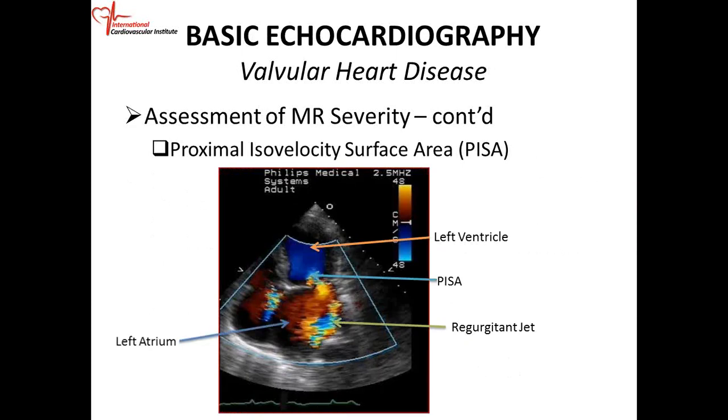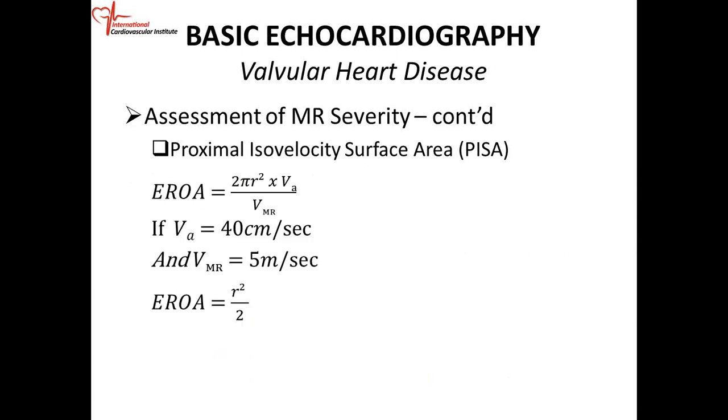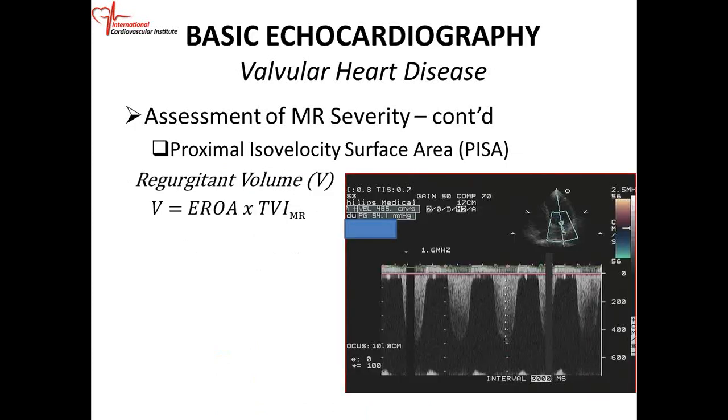And if you calculate the EROA, effective regurgitant orifice area, then you can calculate the regurgitant volume. Volume is similar to flow, but if you're talking about volume, instead of the velocity, you have to use the TVI, time velocity integral, to get the volume.